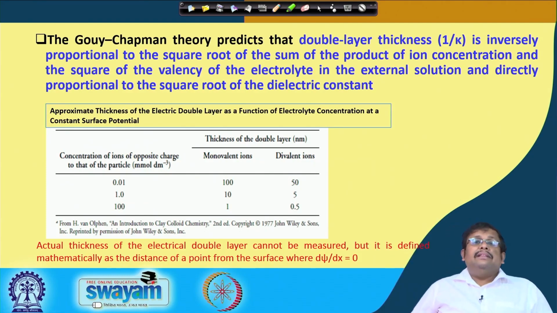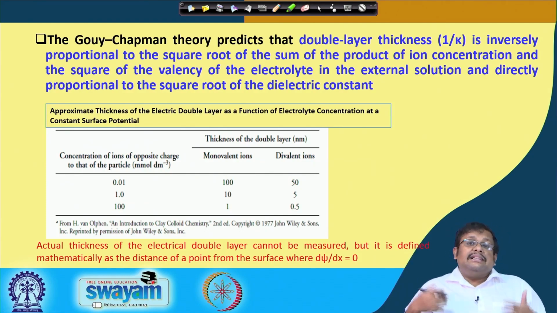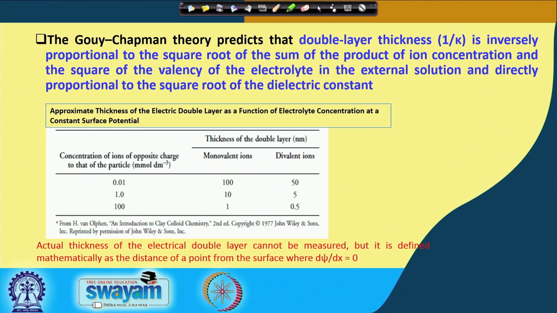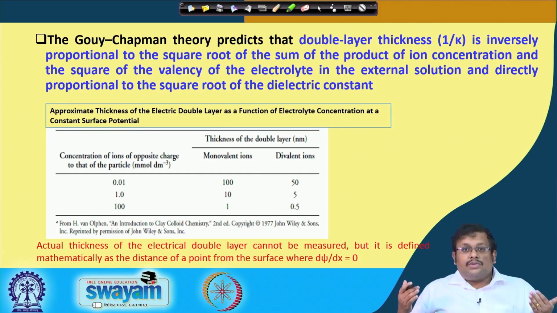Now, the Gouy-Chapman theory predicts that the double layer thickness, 1 by k, is inversely proportional to the square root of the sum of the product of ion concentration and the square of the valency of the electrolyte in the external solution, and directly proportional to the square root of the dielectric constant.